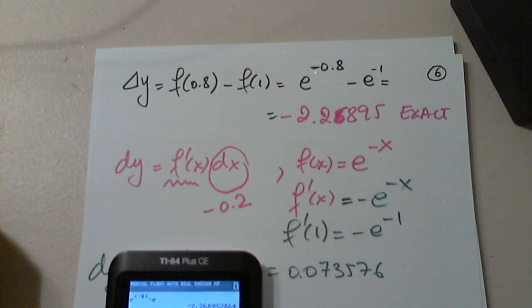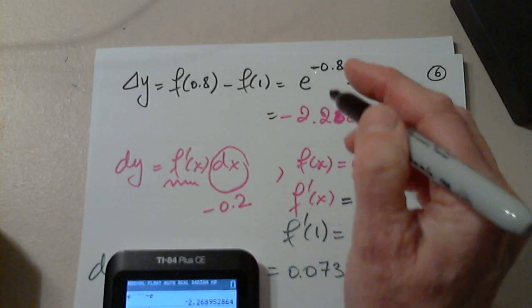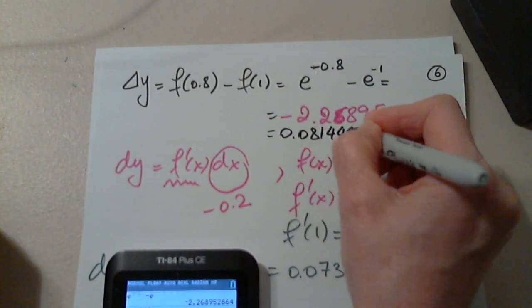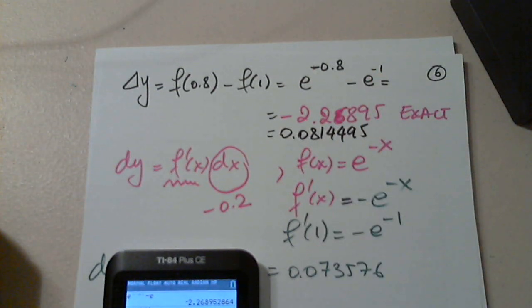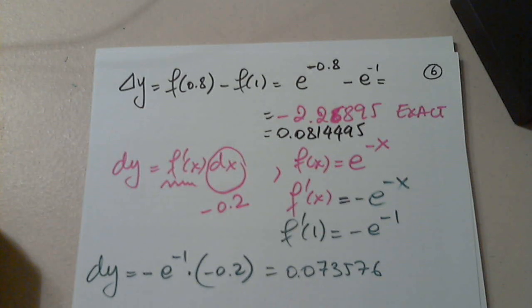Okay, so now, that was to power negative 1, and this was indeed to power negative. Okay. Now it makes sense. So this is 0.081445. This is the exact, and this is the error. And this is the approximate.